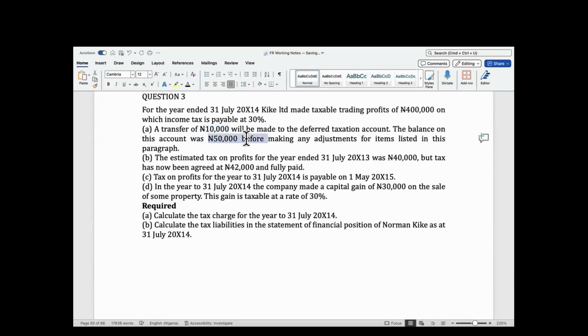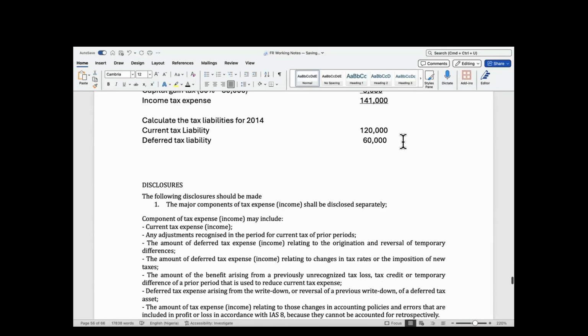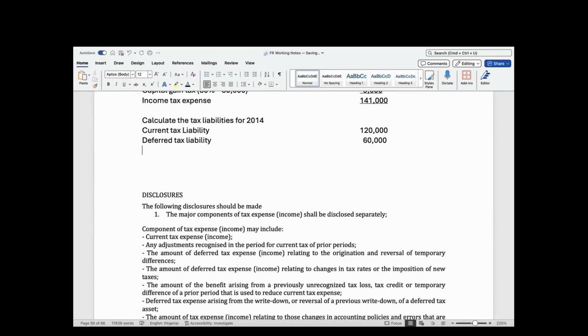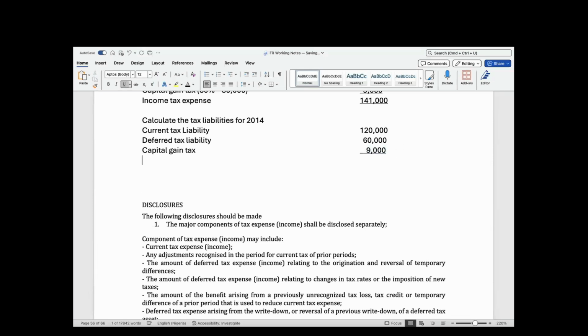We would also have capital gain tax. They did not say it has been paid, and it was computed as 9,000. So my tax liability is 189,000. That shows under my statement of financial position.